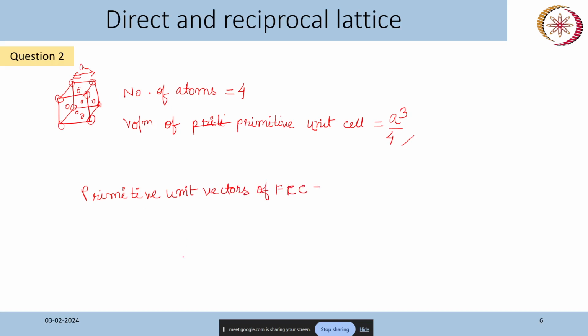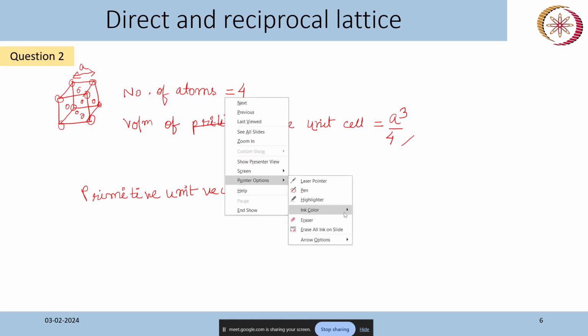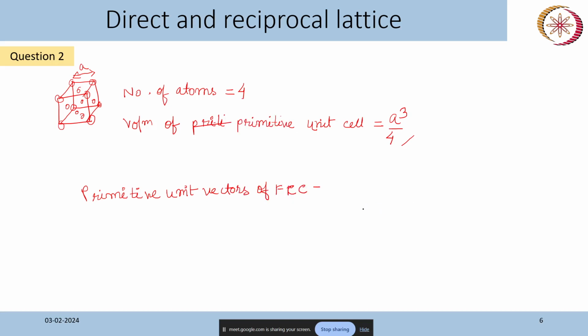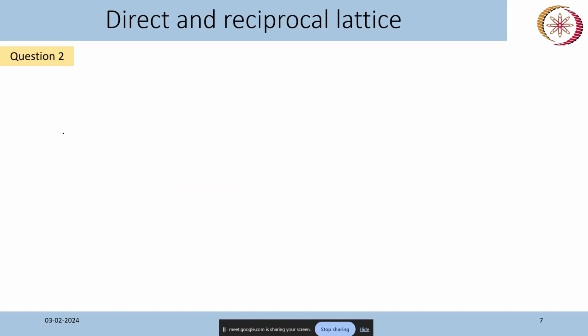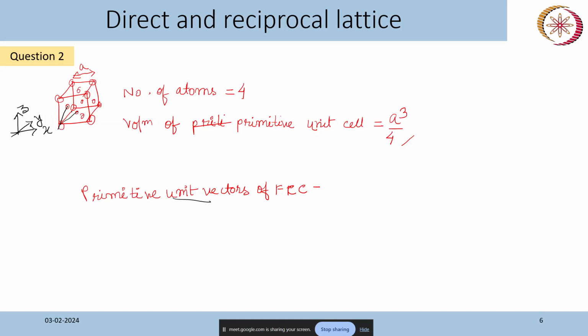So let's take these directions as X, Z, and this as Y. The primitive unit vectors will connect the nearest neighbors.